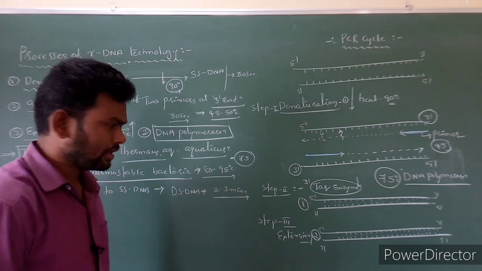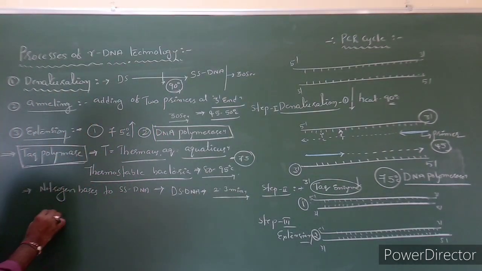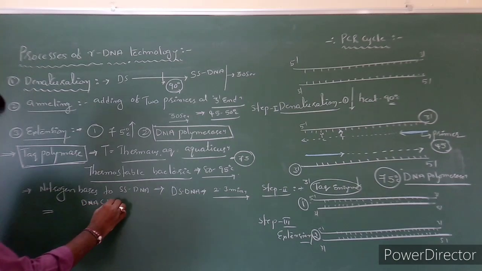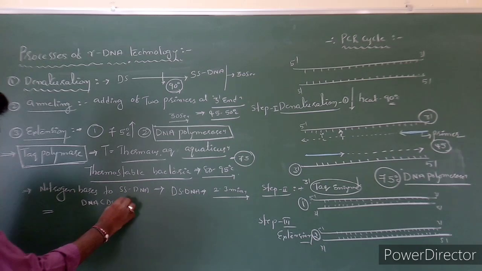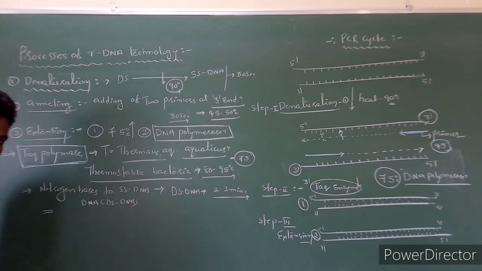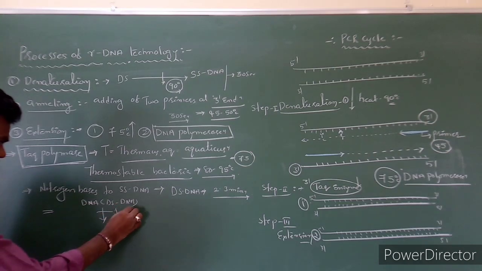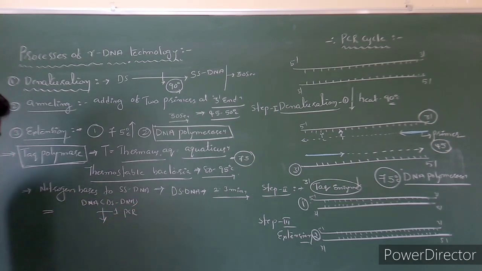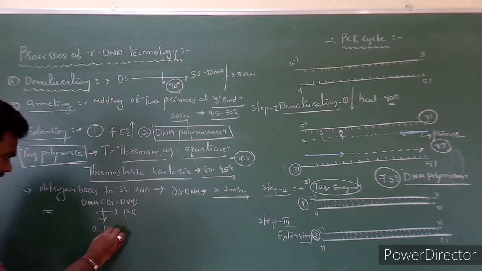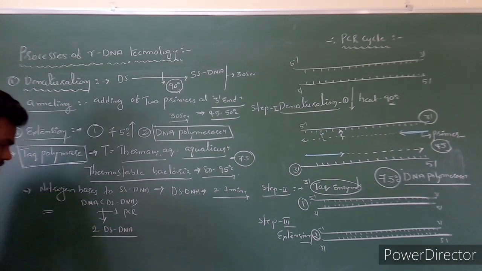Clear? Let's say we used one double stranded DNA. After one PCR cycle, how many DNAs are formed? 2 dsDNAs, 2 double stranded DNAs are formed.